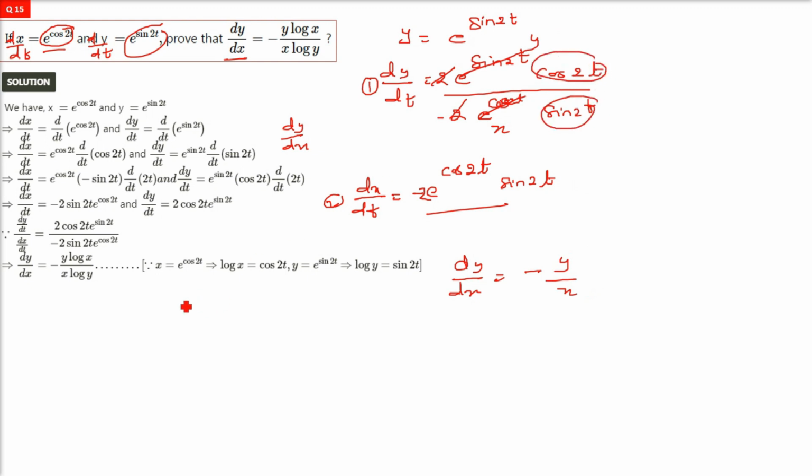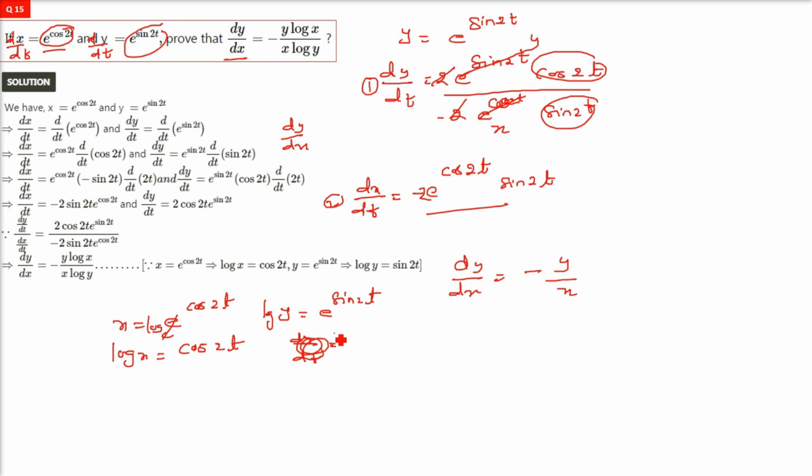And if you see, x is equal to e raise cos 2t. When you take the log, log of e will be 1, and whatever is the power will come down. So it will be cos 2t. Similarly, y is equal to e raise sin 2t. When we take log of y, this will be equal to log of e raise sin 2t.